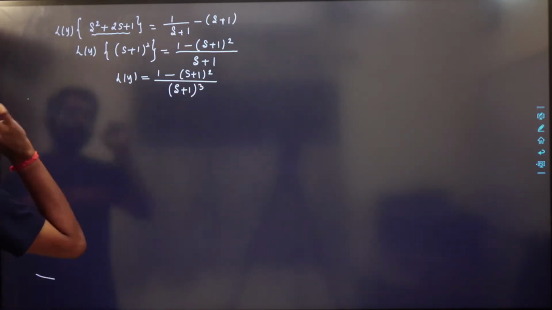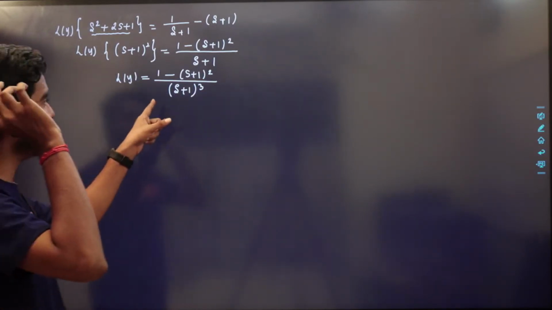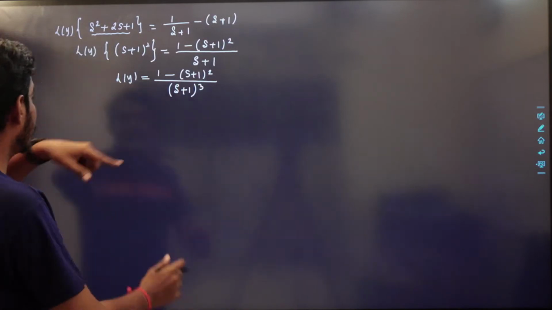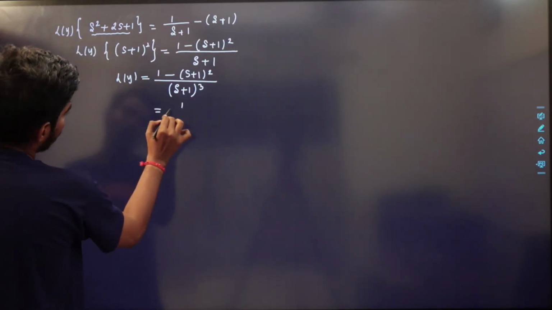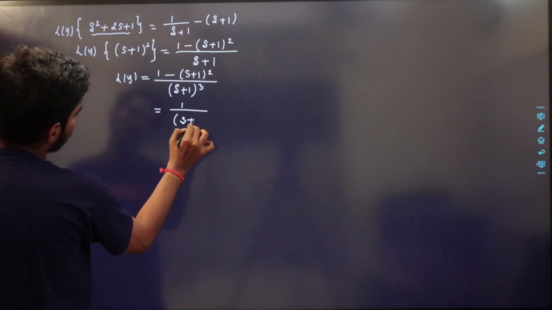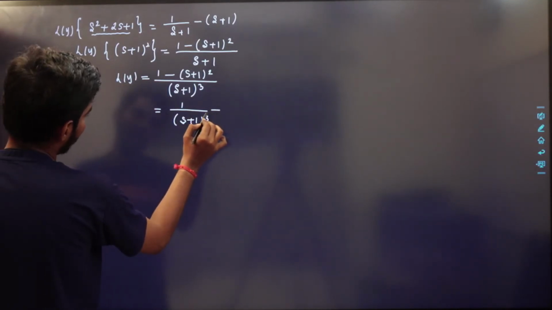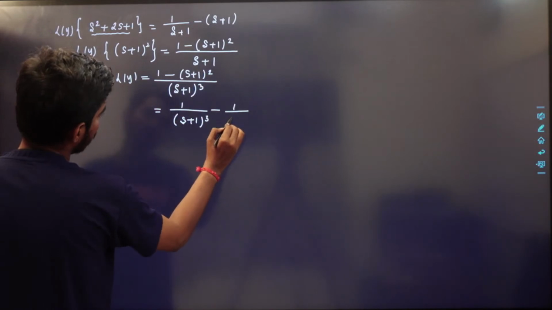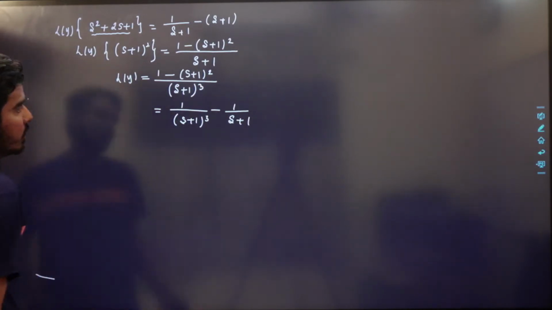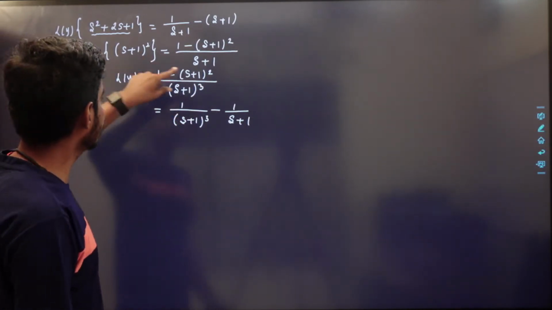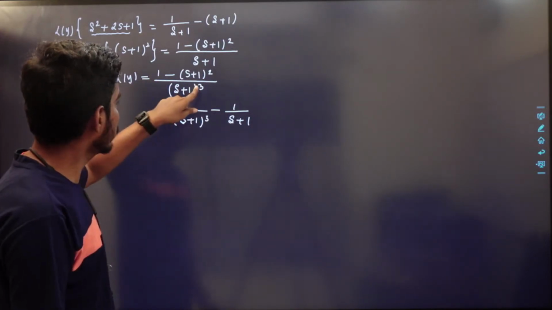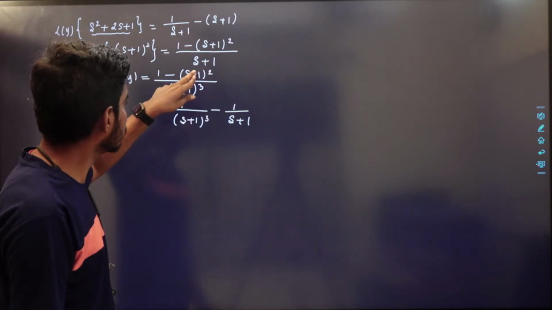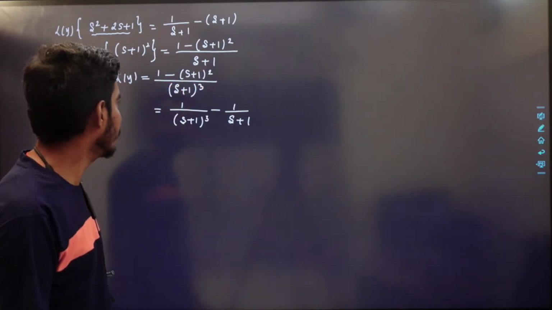Now divide separately. You don't need to do partial fractions, because all these terms are s plus 1. If I divide individually, we will have 1 by s plus 1 whole cube minus s plus 1 whole square by s plus 1 whole cube. The square and square will get cancelled, so we'll have 1 by s plus 1.